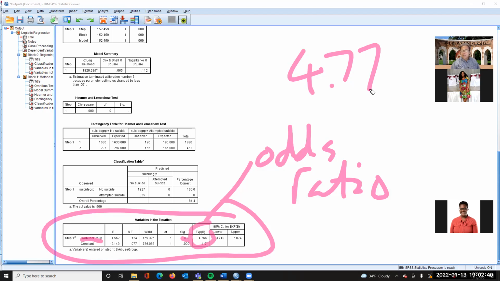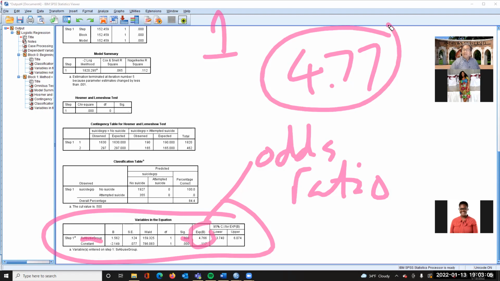What that means is that people who attempted suicide, which is one, are 4.77 times more likely to commit suicide.